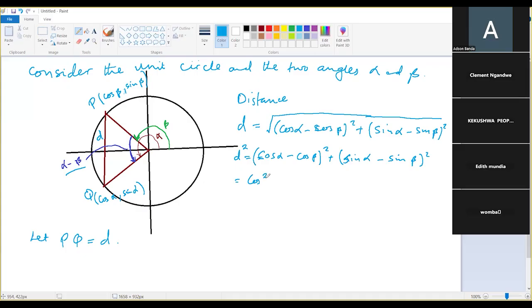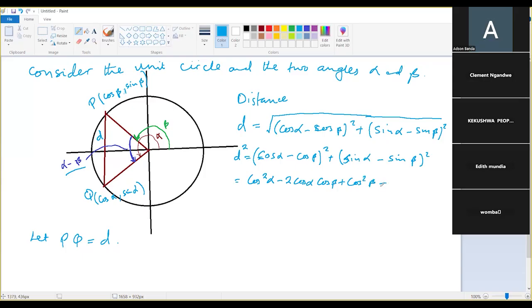So the first expansion is the following. So you have cos squared alpha minus 2, because there'll be 2 of them, so you have 2 cos alpha cos beta, and then plus cos squared beta.